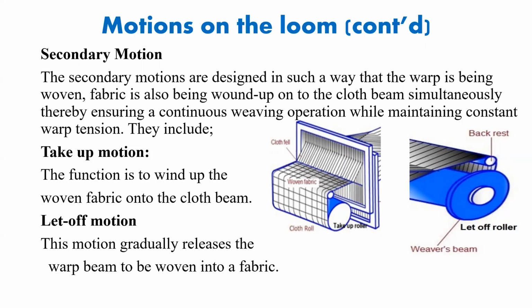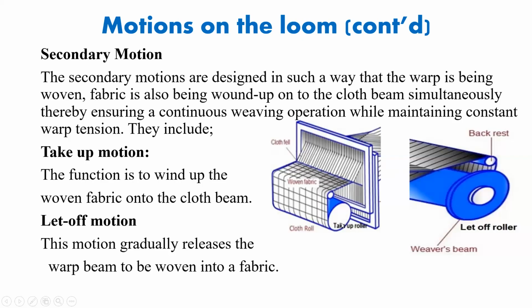So they include take-up motion and let-off motion. You can see this here. In the course of weaving, the whole place here will be full up. So when it comes like that, you need fresh yarns for you to weave. So you need to wind this onto the cloth beam.